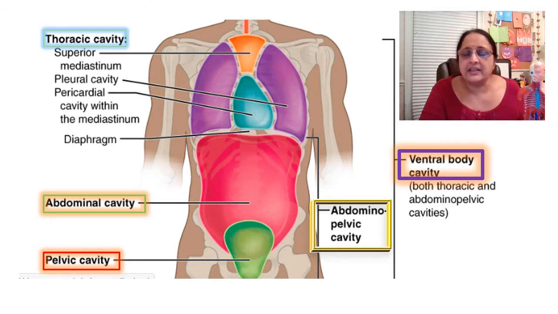But truly speaking, the heart is located inside the mediastinum, and the heart is protected by the pericardial cavity. So the heart is covered with the pericardial cavity, the lung is covered with the pleural cavity, and whatever space still exists is the leftover of the mediastinum. Since it is located at the superior, it is known as the superior mediastinum.